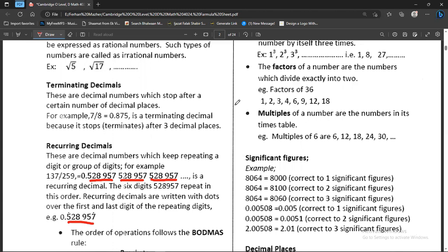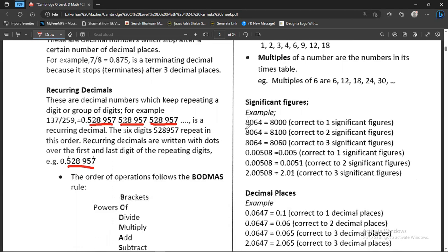So, significant figure example. Here we have 2064, and if I write it correct to one significant figure, here basically are 1, 2, 3, 4 significant figures. In one significant figure, it will be only the first digit, and then the rest of them will be 0. Okay, here 8064 has 4 significant figures.